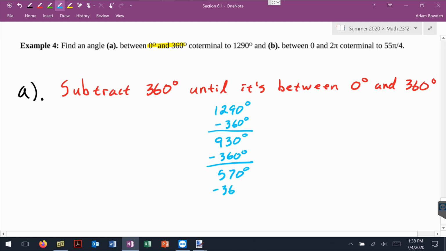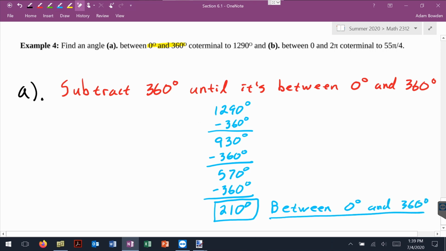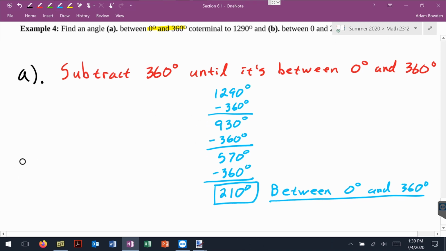And if I subtract it another time, I finally get down to something small enough at 210 degrees. So now I've broken it down small enough that it's between 0 degrees and 360 degrees, which means it's within one rotation around the circle. And so that would also be coterminal to 1290 degrees.